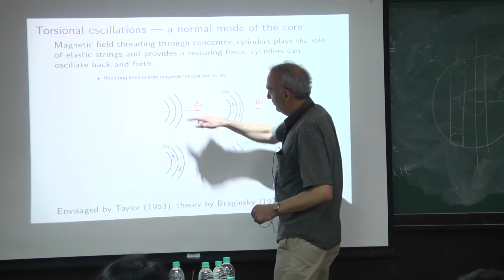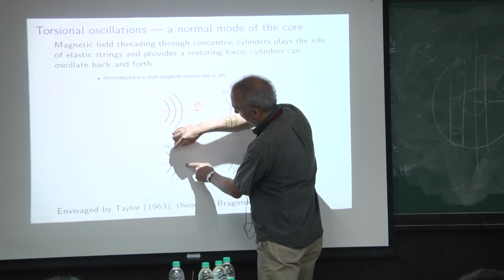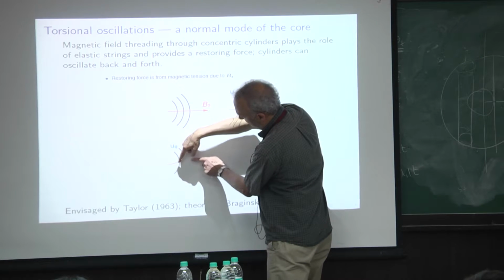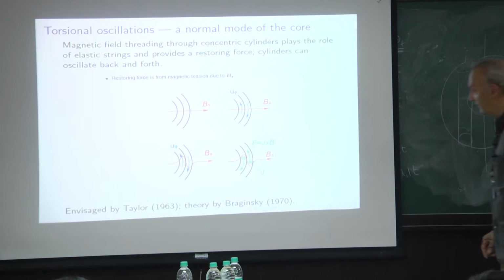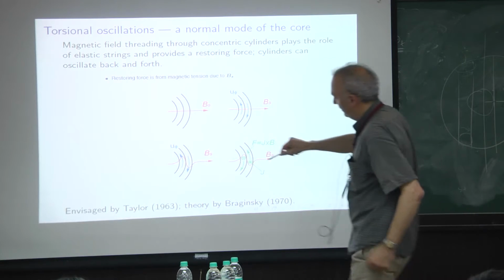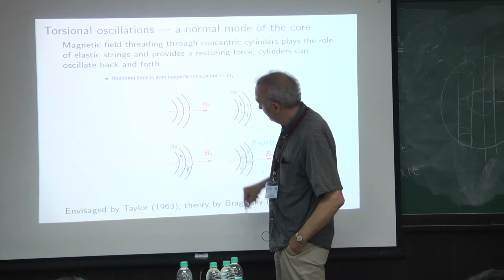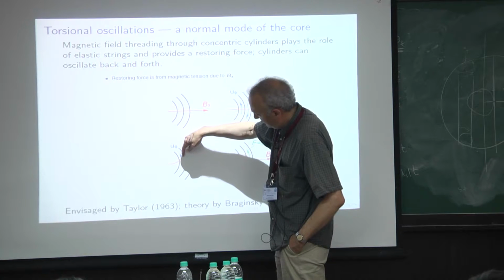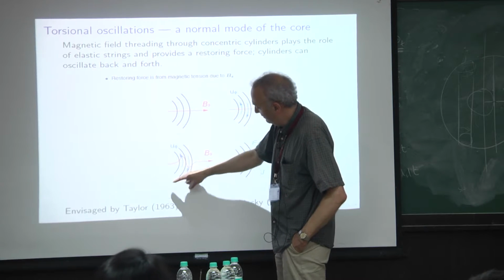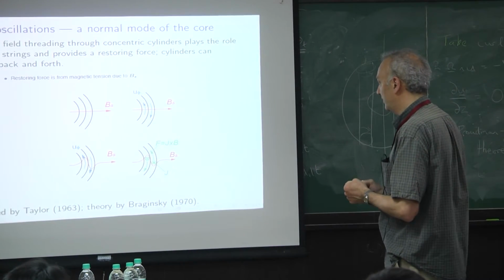If you have a fluid motion, let's take a differential rotation of the fluid here, a u phi, which goes in opposite directions, u phi stretches and shears that magnetic field line. That field line can provide an elastic force which wants to bring the fluid motion back to its equilibrium position. But in doing so, it imparts an inertia to the fluid, which then overshoots, and you can actually set up a wave motion.